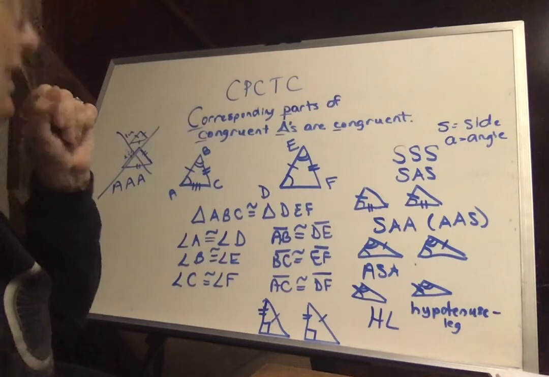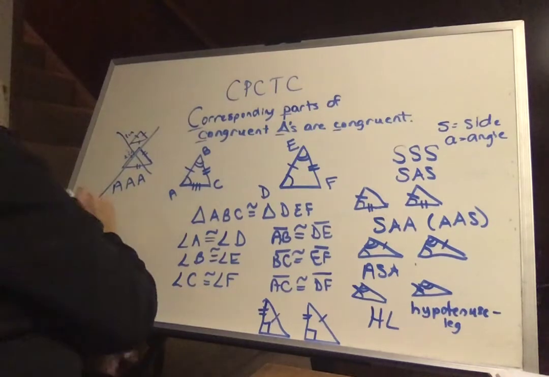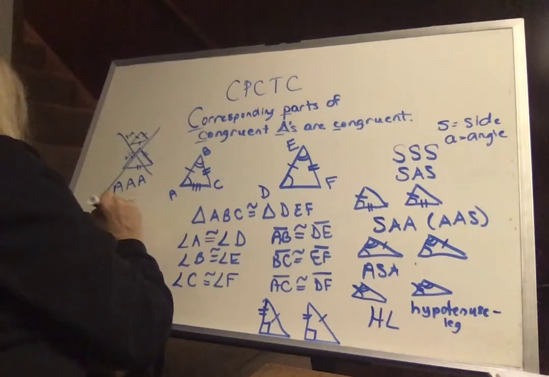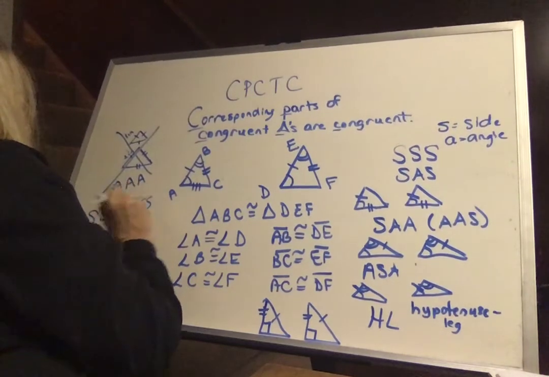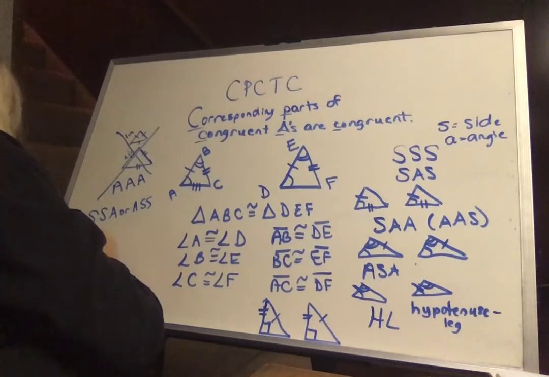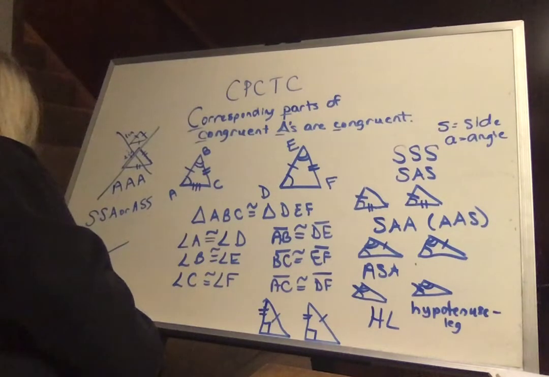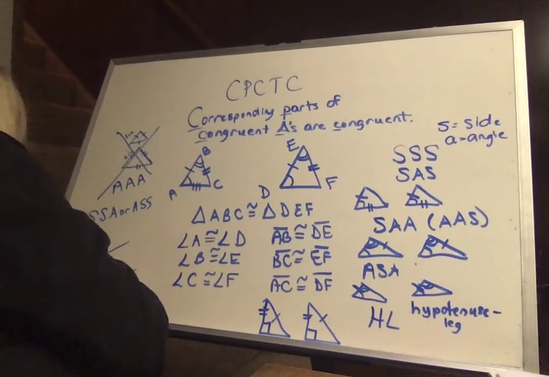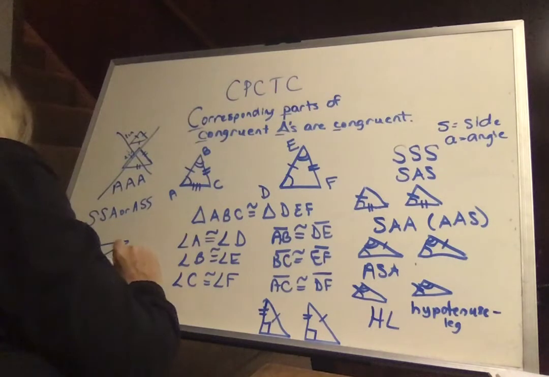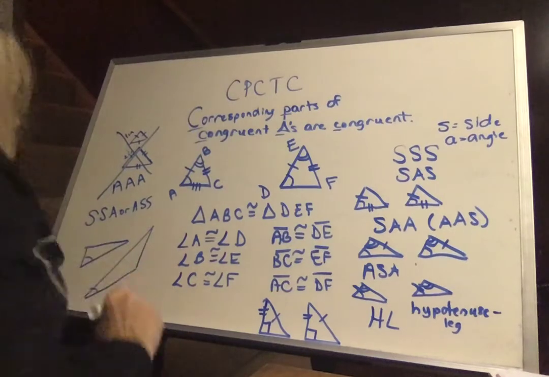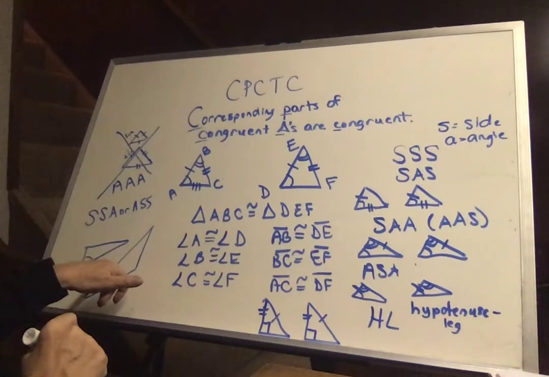Another situation that does not guarantee is called SSA or ASS. No bad words in math, because if you have a side and an angle, a side and an angle, you can, using a compass, end up with this maybe however long, and it goes the other way, the same length, and those do not match.